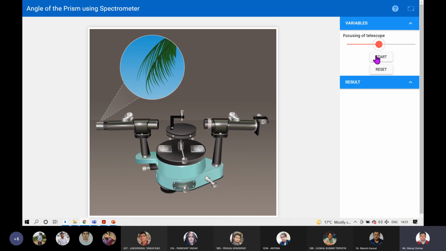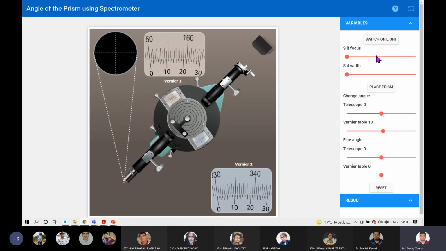Next, you can see this is your light source, this is your collimator, this is your prism table, and this is your telescope.